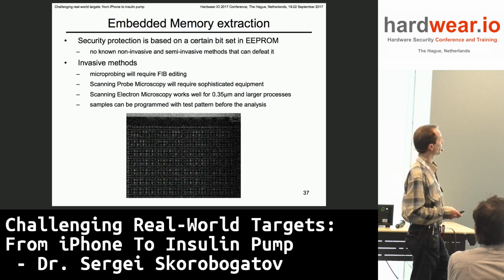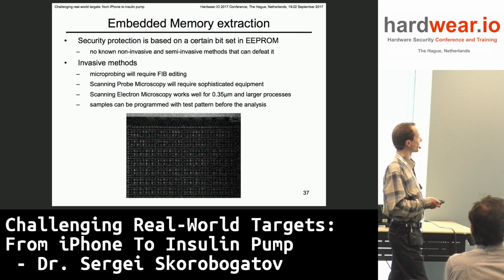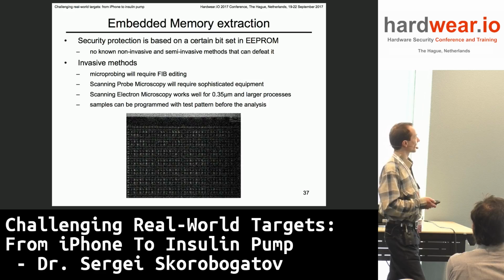So I went for invasive methods, and you can use microprobing, but that would require FIB editing, which is not easy to use, but possible. You can try to use scanning probe microscopies, but that requires quite sophisticated sample preparation. So I went for scanning electron microscopy to see whether I can see any data inside the chip.